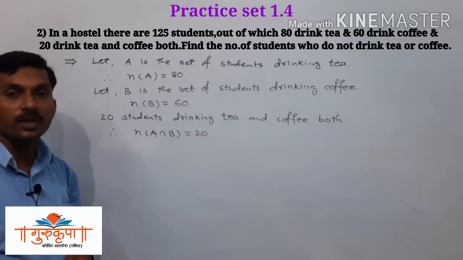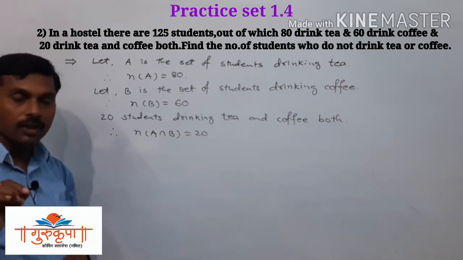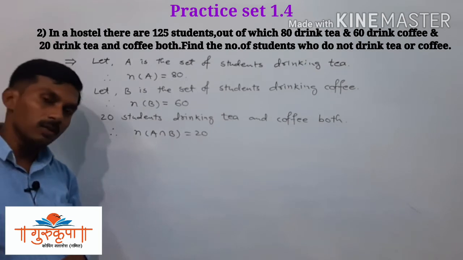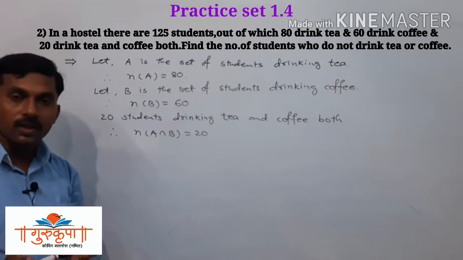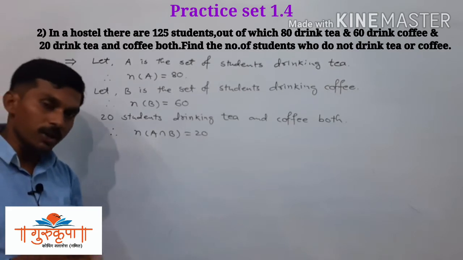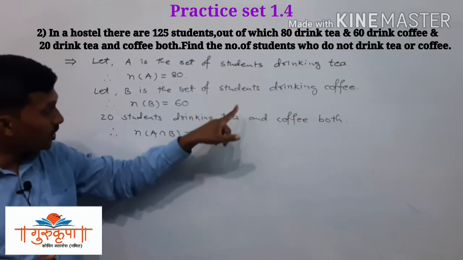Here, A union B means the set of the students which are drinking tea, coffee, or both tea and coffee. A union B is nothing but the set of students which are drinking tea, which are drinking coffee, and which are drinking both.